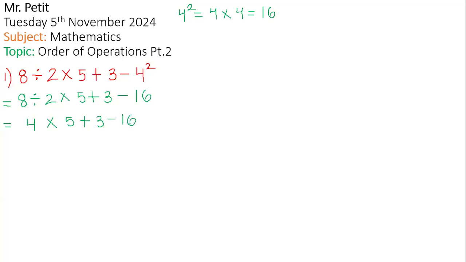Okay, now are we gonna multiply, add, or subtract? Multiply. Now we can multiply. So now this is gonna be equal to, what is 4 times 5? 20. So it's gonna be 20 plus what? 3. Minus what? 16.